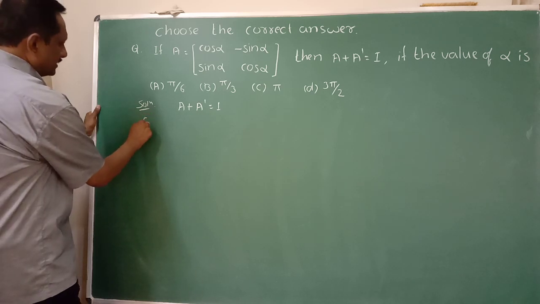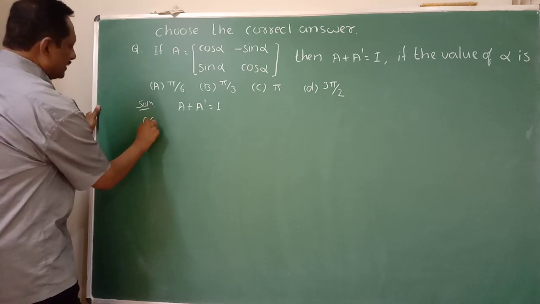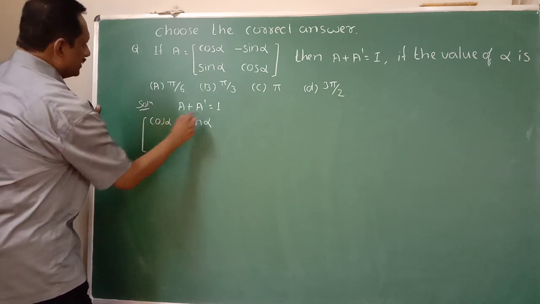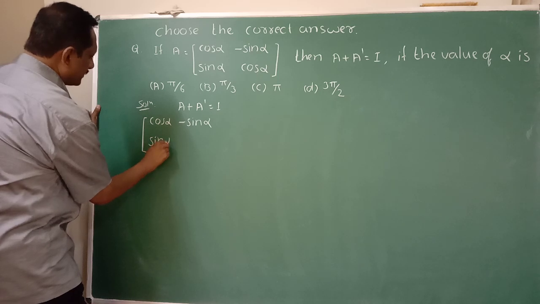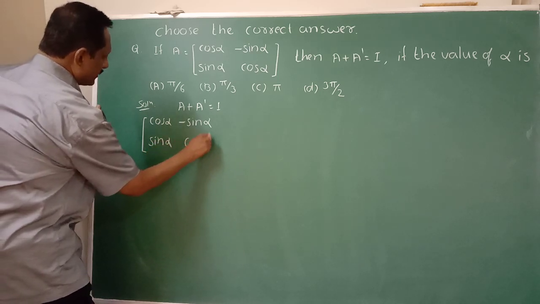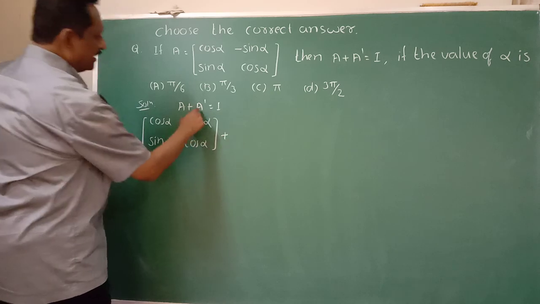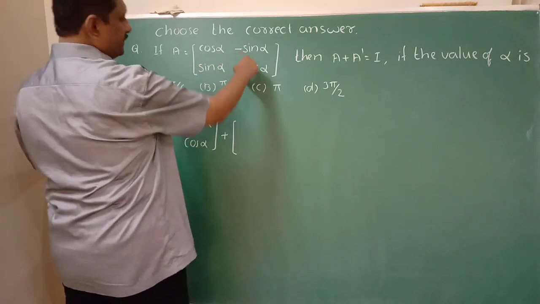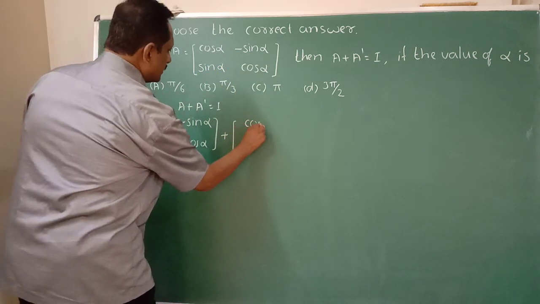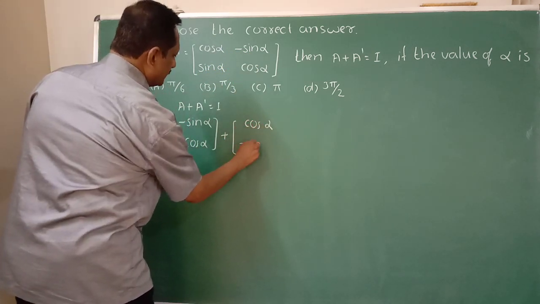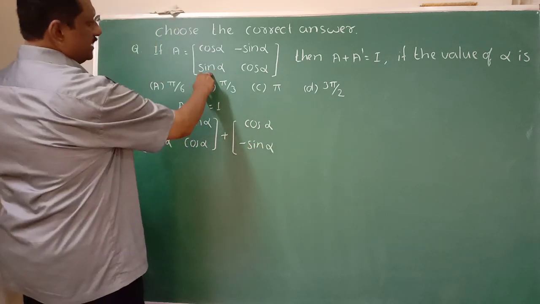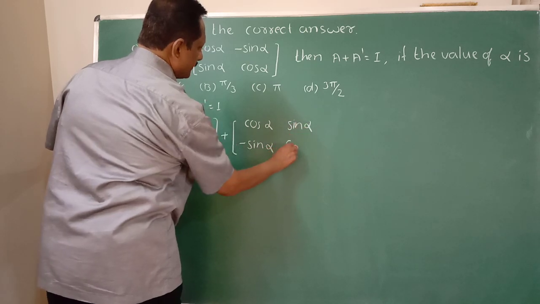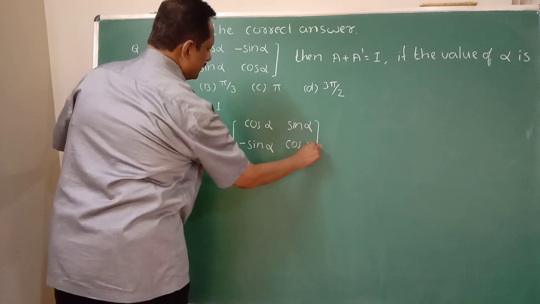So matrix A is cos alpha, minus of sin alpha, sin alpha, cos alpha here. Then A' is the transpose of the given matrix here: cos alpha, sin alpha in the row, minus sin alpha, cos alpha in the next row.